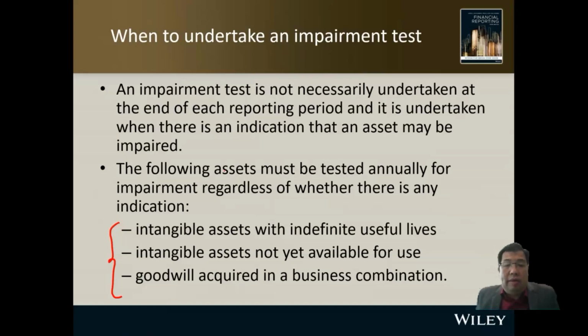What kind of assets? Intangible assets with indefinite useful life, intangible assets not yet available for use, and also goodwill from a business combination. So these items must be tested annually.